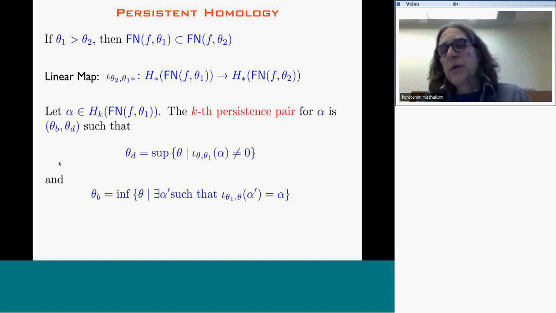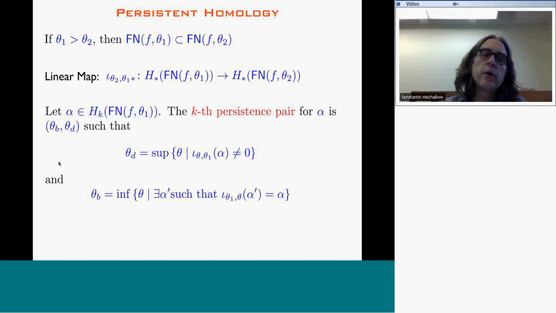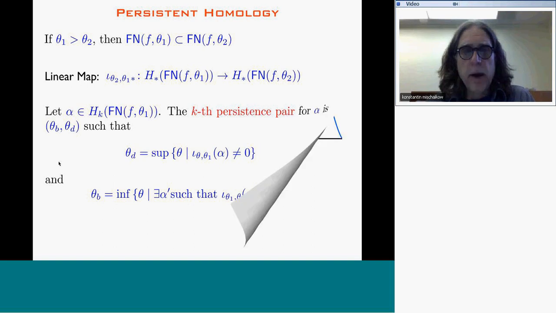And so if at some threshold I see a generator in homology, then I ask, where's the first threshold at which that generator appeared, and where's the last threshold at which it disappeared through my filtration? And if I keep track of those births and deaths, then that is the persistence pair, a persistence point. And the length of that tells me how long that generator, with regard to this particular filtration, exists.